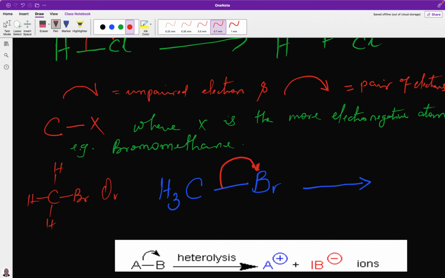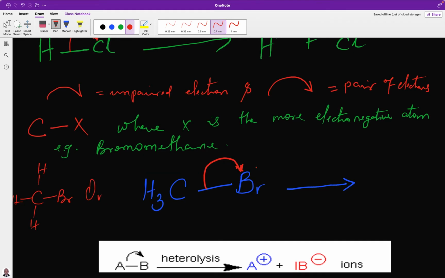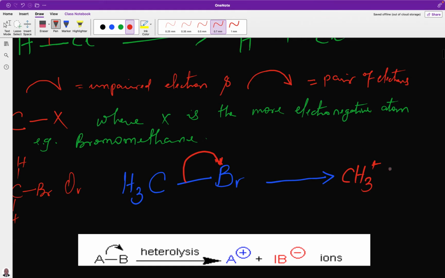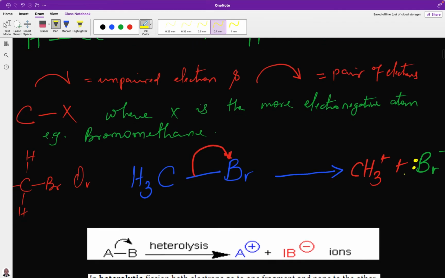There will be that movement, and the resulting product will be CH3 plus, which is a carbocation, plus bromine, a bromide ion, with that lone pair of electrons that it took from the bond. It could be represented in that form.